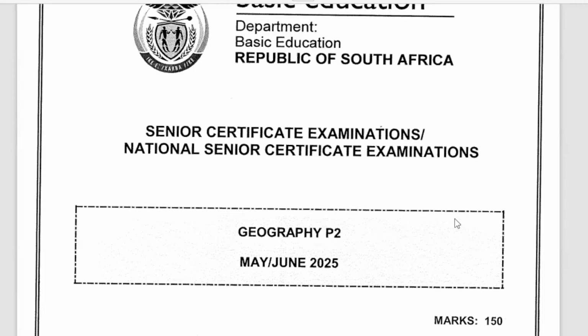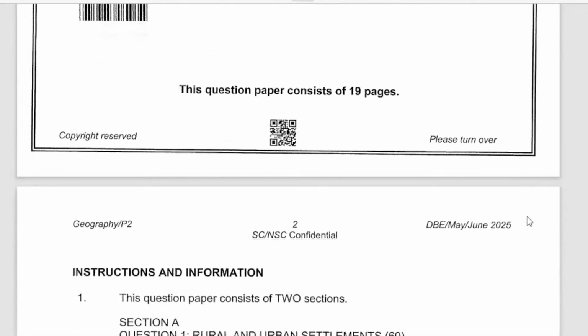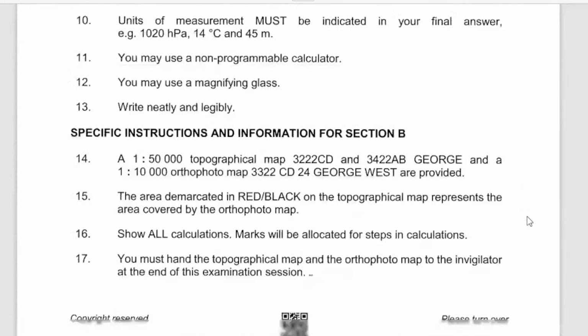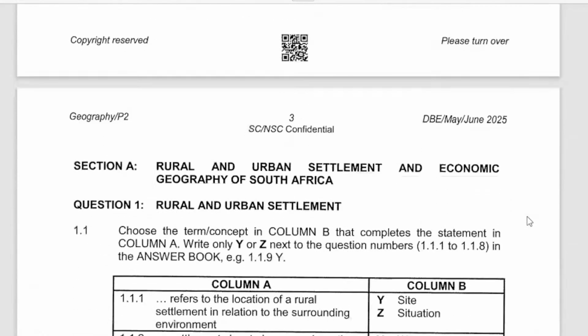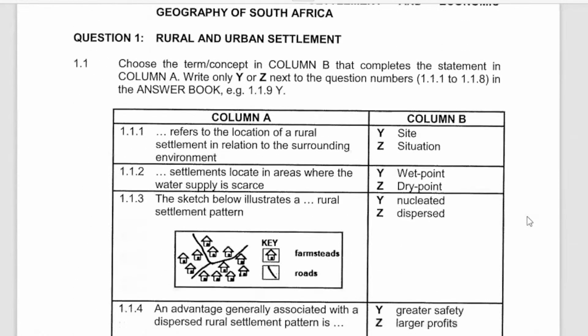Right, so we go into our paper and try to check on the questions and try to justify the proposed responses. Right, the first question, question number 1, is based on rural and urban settlements. We are supposed to match column A with column B. Right, the first question is saying, dash refers to the location of a settlement in relation to the surrounding environment.